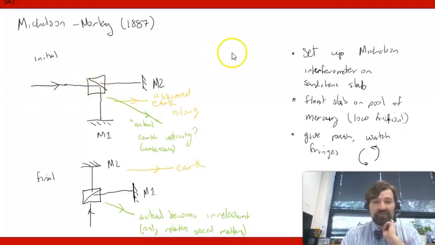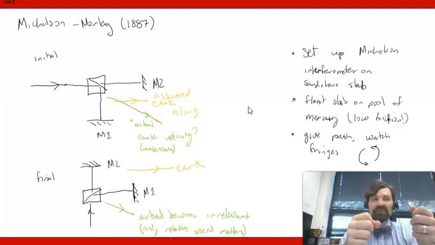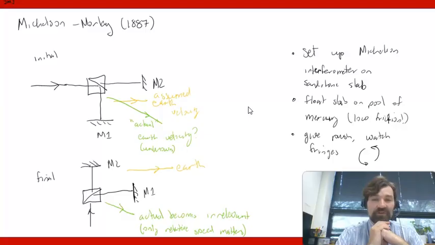So the Michelson-Morley experiment put the entire thing on a sandstone slab, which was then floated on a pool of mercury and could be freely rotated with minimal friction and minimal vibration, and without having to physically reset all the components of the interferometer, which would in turn change lengths of the interferometer.